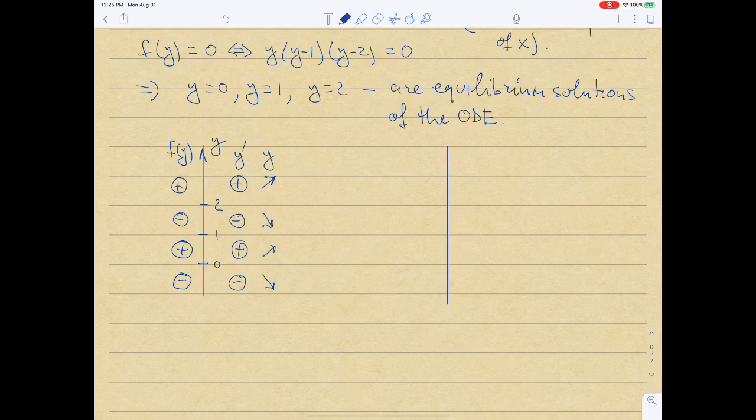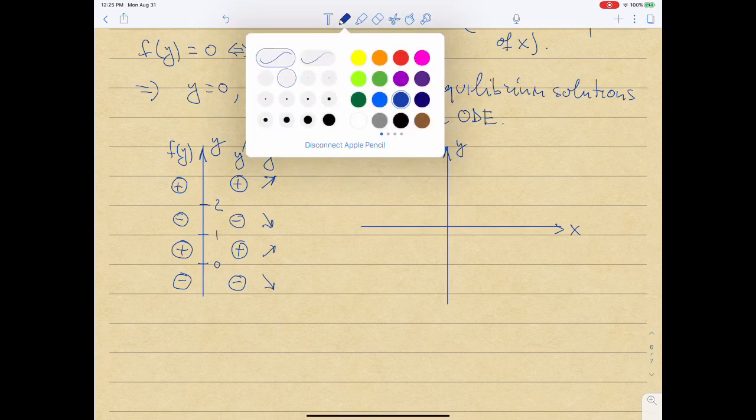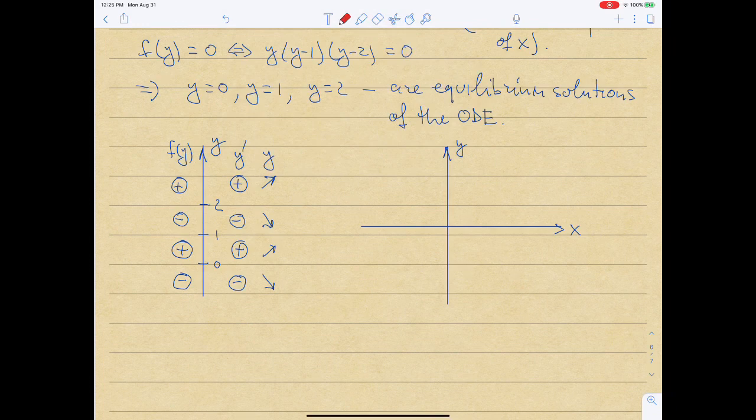the diagram which will give us possible solutions. And let me actually use a different color here. So let's say equilibrium solutions are going to be in red.